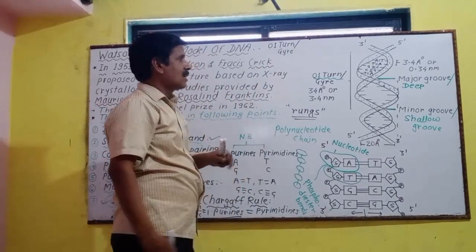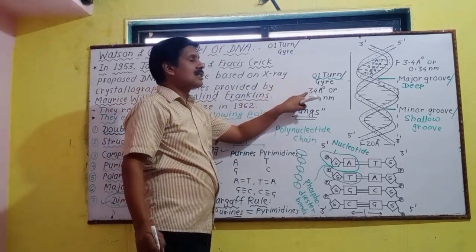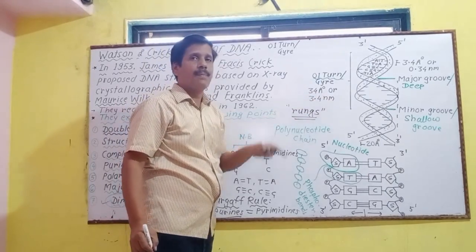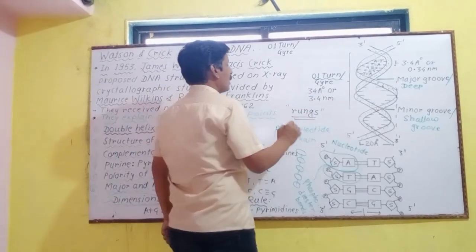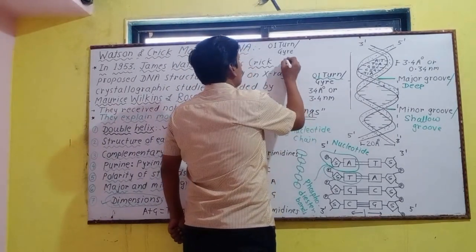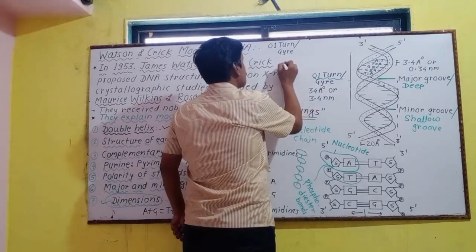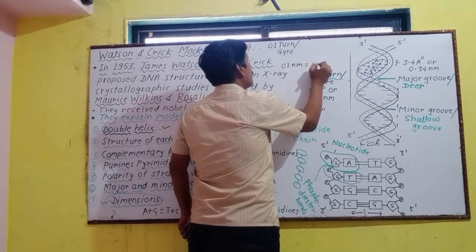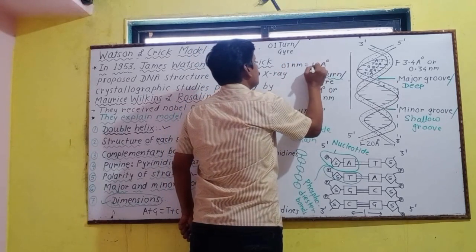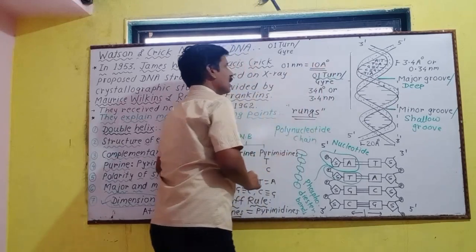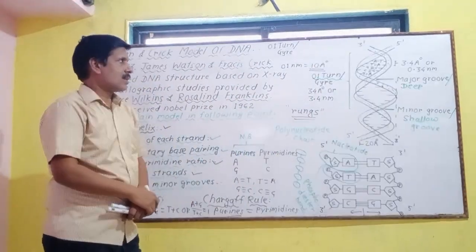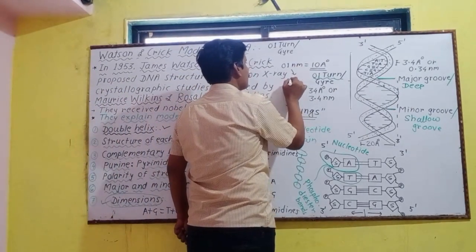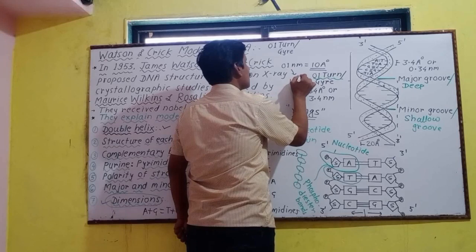Mind it well that the length of each turn is 34 angstrom, or you may say 3.4 nm, that is nanometer. We know that 1 nanometer is equal to 10 angstrom, or in meters, 1 nm is equal to 10 to the power minus 9 meter.